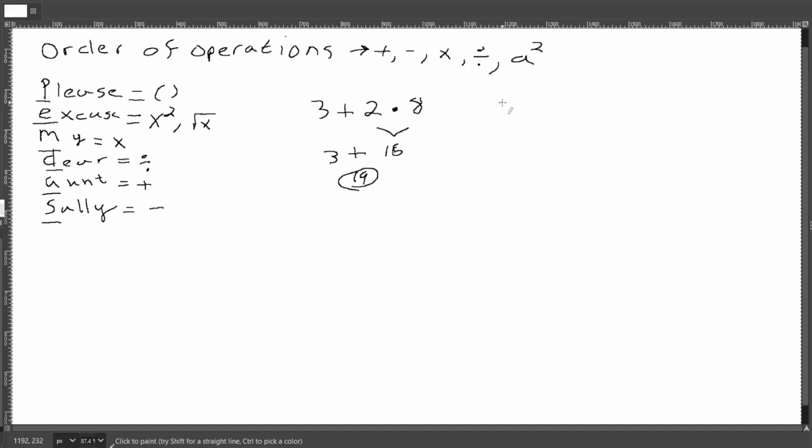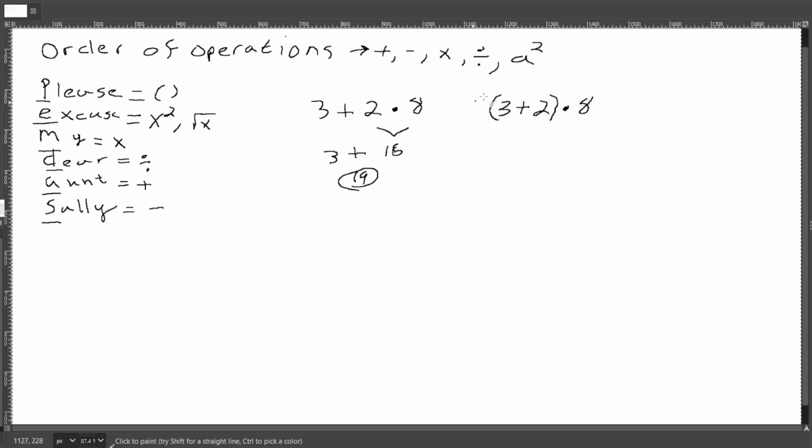But what happens if we did 3 plus 2 times 8, but we bracketed this, right? We put it in parentheses. Well, now that there's a parentheses, we must do that first. Even though addition happens after multiplication, it doesn't matter, okay?